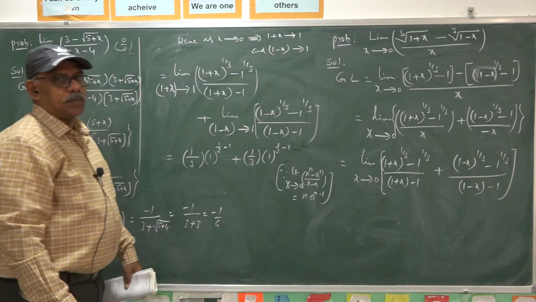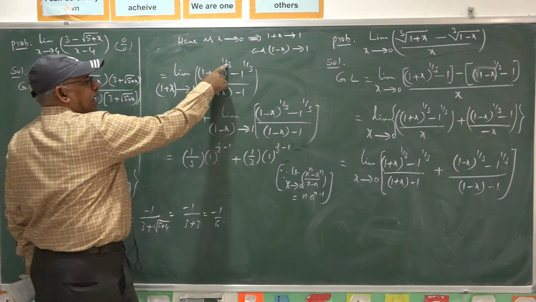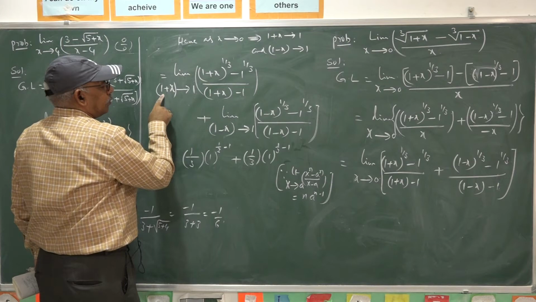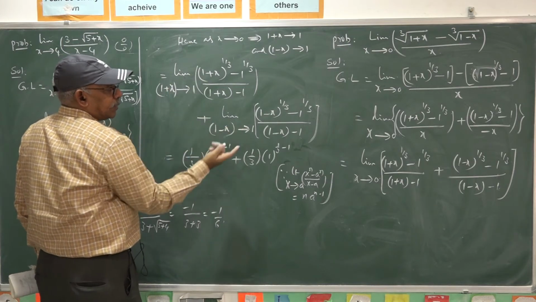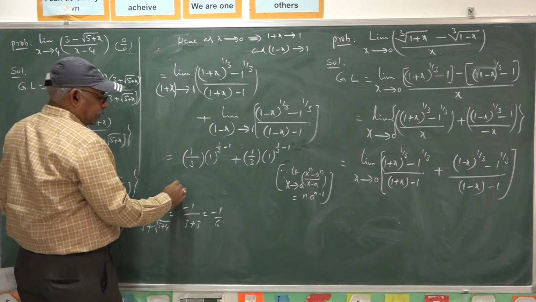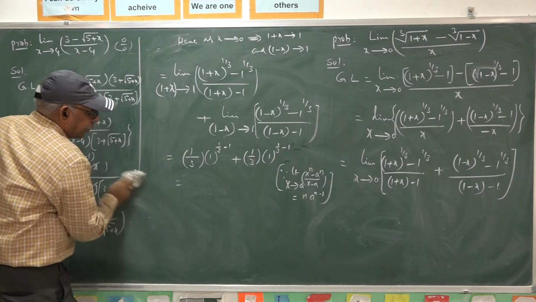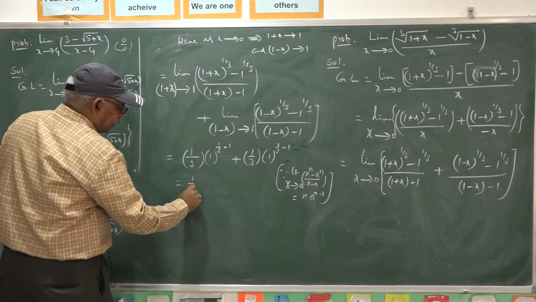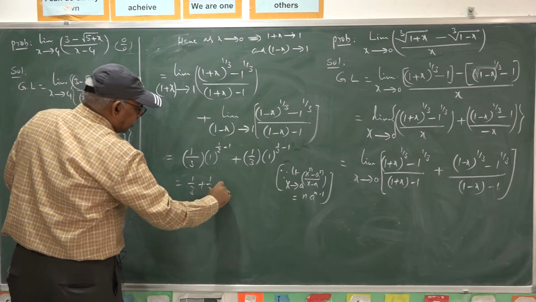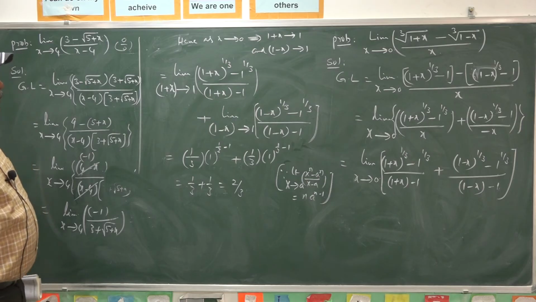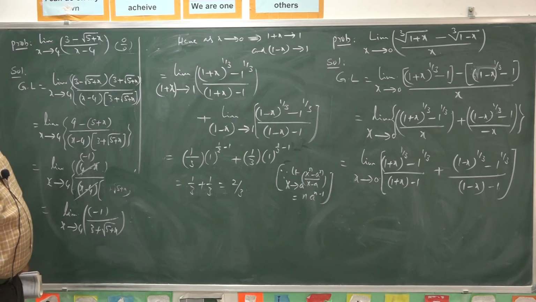Based on this formula, you can write n as 1 by 3, a as 1, X is here 1 plus x, whereas here 1 minus x. So that the limit value is here 1 by 3 plus 1 by 3, totally 2 by 3. So the required limit is 2 by 3.